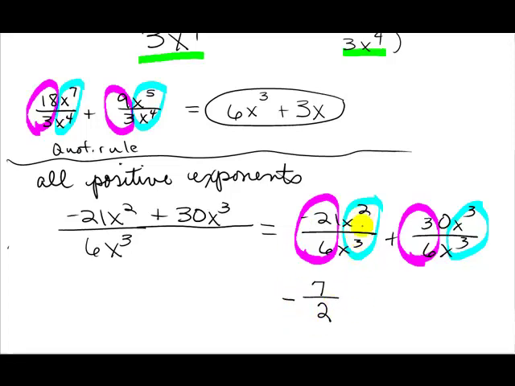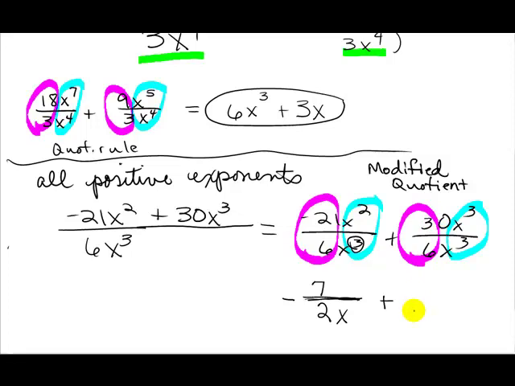The x's, now the largest x is down here, so my answer is going to end up in the bottom. 3 minus 2. That's a modified quotient. With that modified quotient, we want to locate the largest exponent, and that's where our answer will be. So it's in the denominator, x goes here, 3 minus 2.